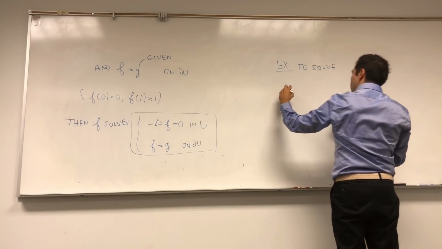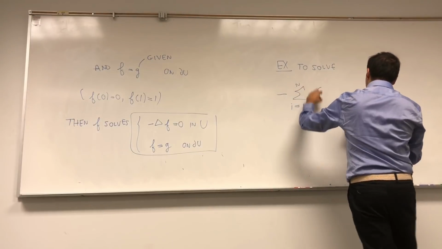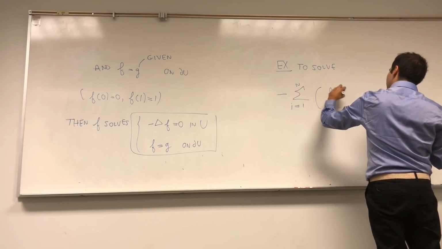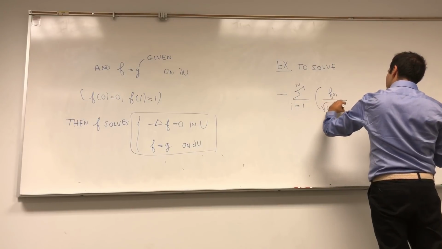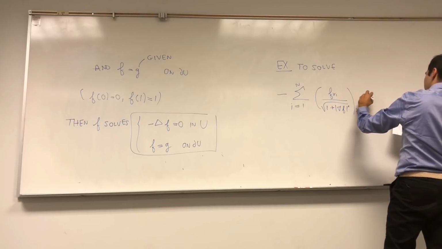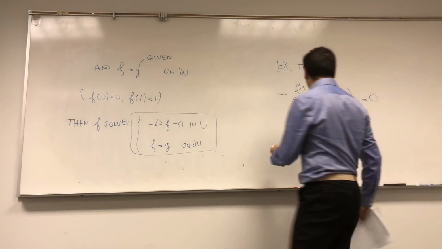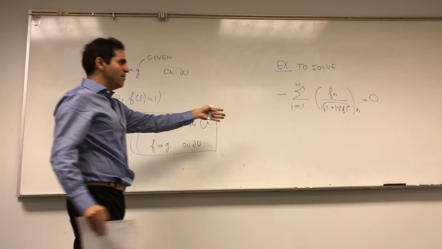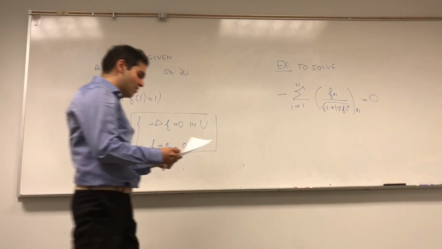To solve the following equation, sum from 1 to n of the ith derivative of f over the square root of 1 plus gradient f squared, and you differentiate that with respect to xi. Good luck solving that, it's a very difficult PDE. It turns out you can write this equation as the minimizer of some much easier functional.